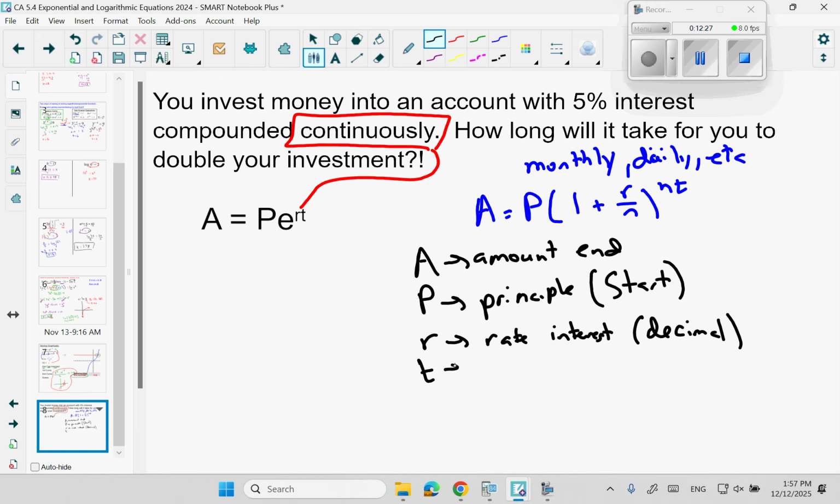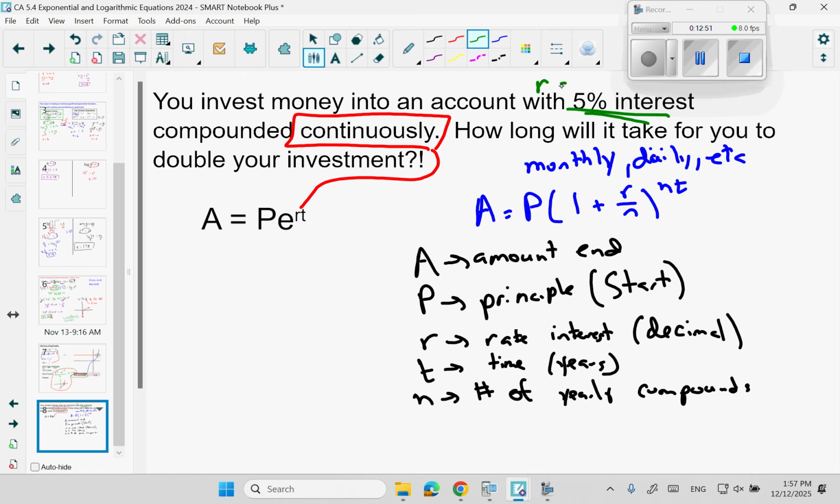T is time in years. And n is the number of yearly compounds. So if it said compounded monthly, well, there are 12 months in the year, and it would be 12. And so we have a 5% interest rate, so r is going to be 0.05.